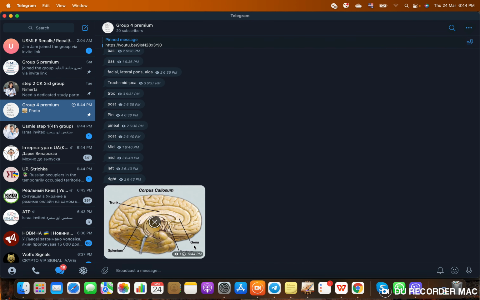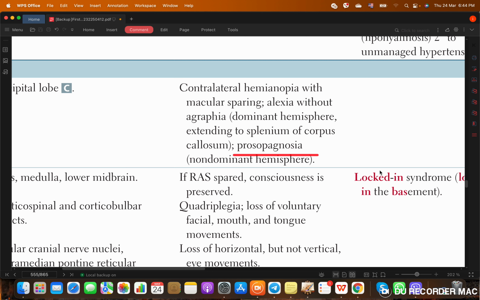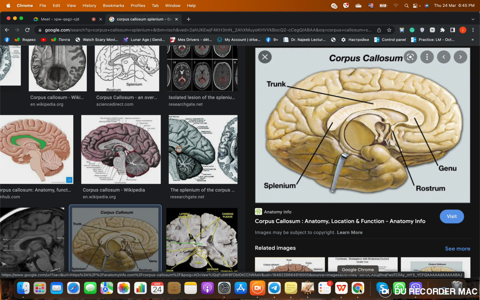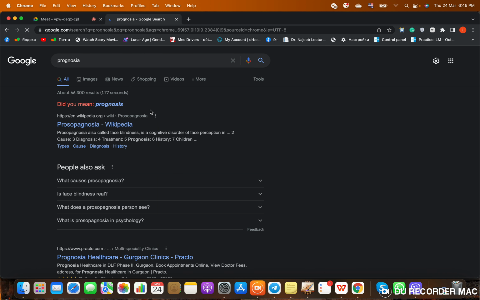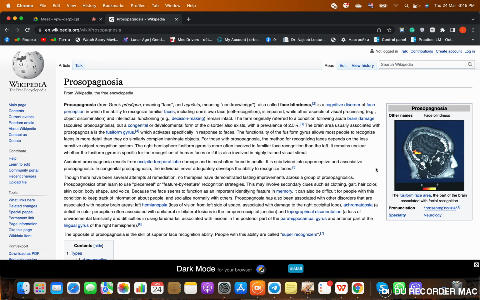Okay, so they can also have prosopagnosia in the non-dominant side. So let's first speak a little bit about prosopagnosia. What's up with that?